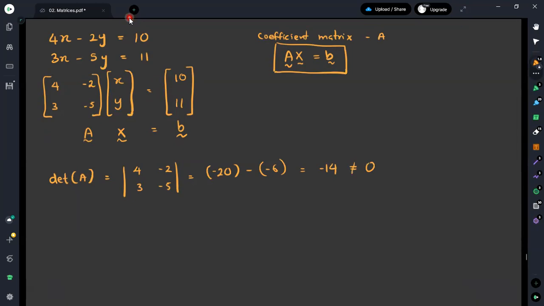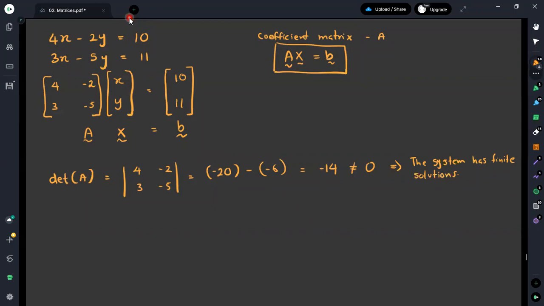Therefore, this implies that the system has finite solutions. Since the system has finite solutions, we move on to obtaining the answers for x and y separately.